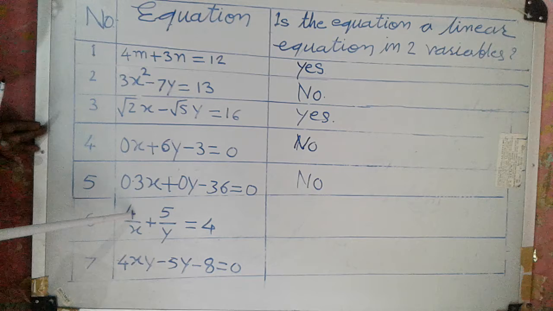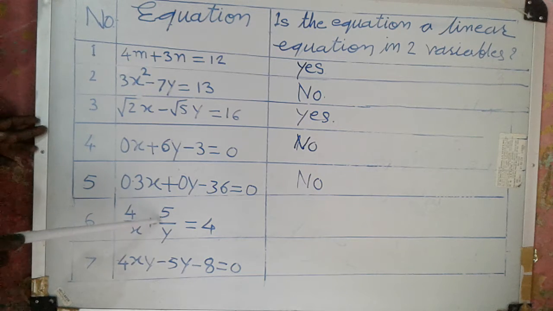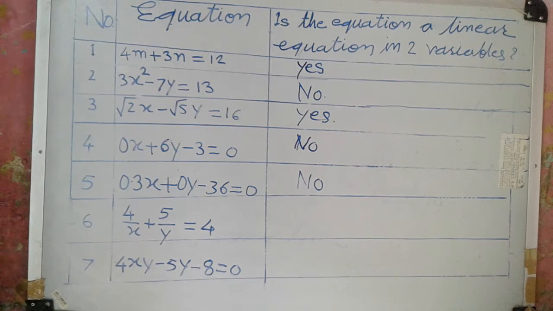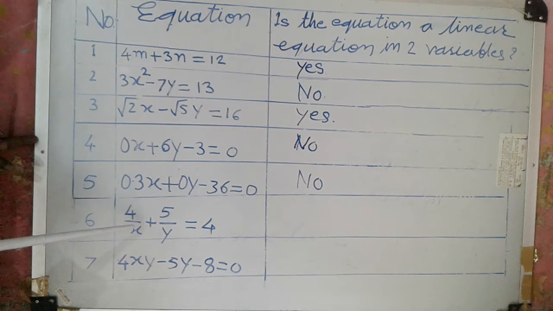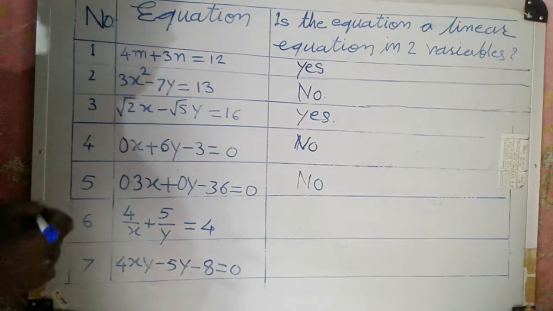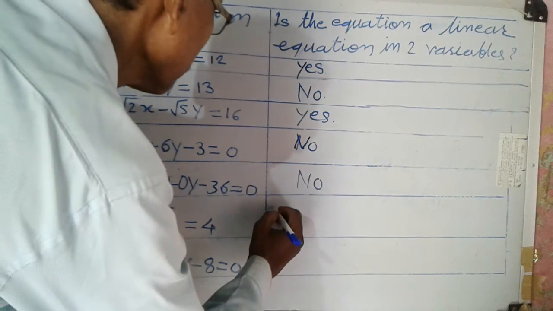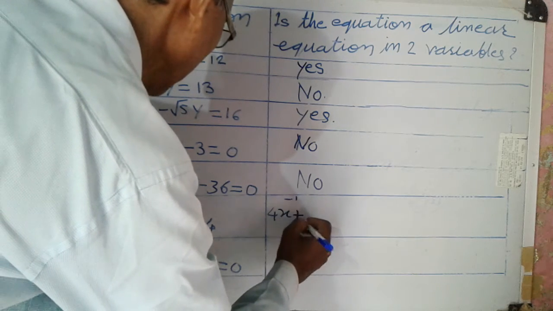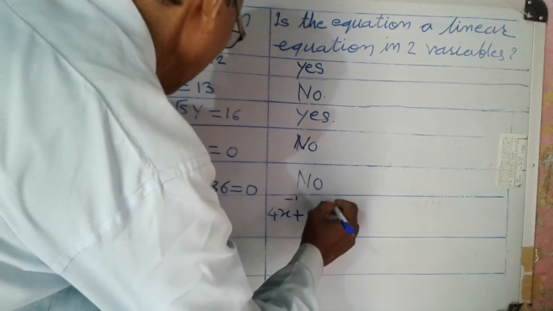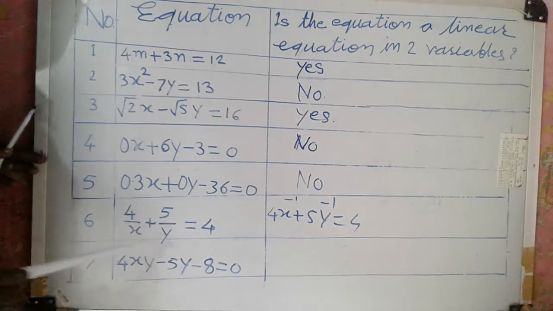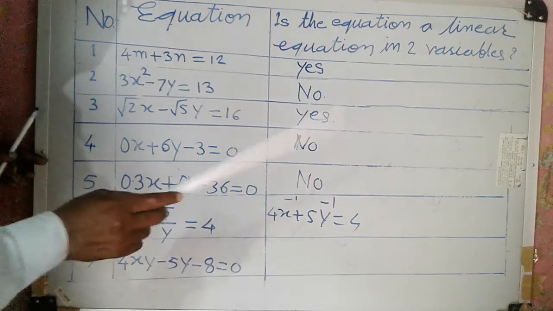Now here 4 upon x plus 5 upon y is equal to 4. We can write this equation like this. This equation can be converted in this form.